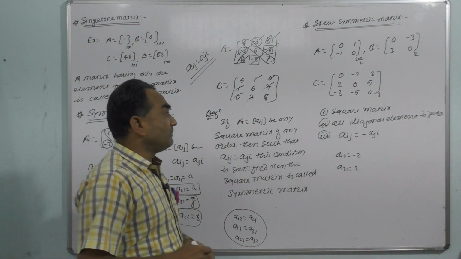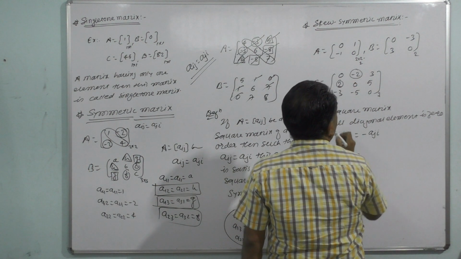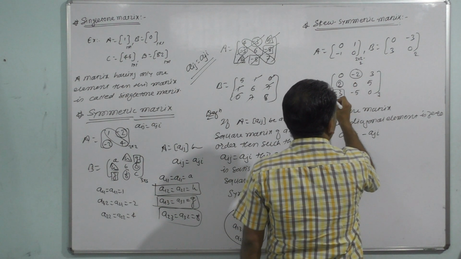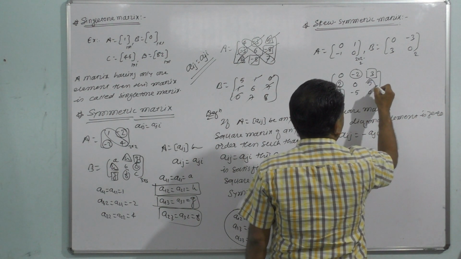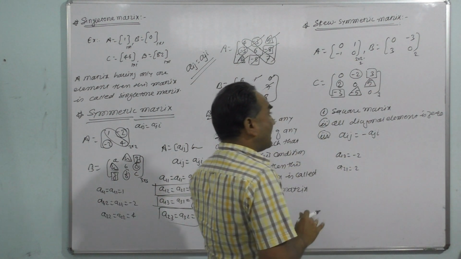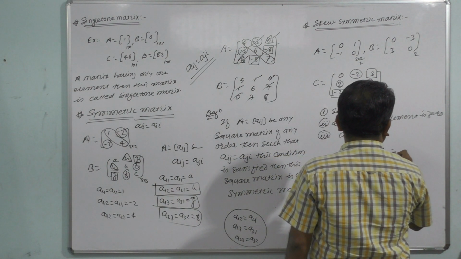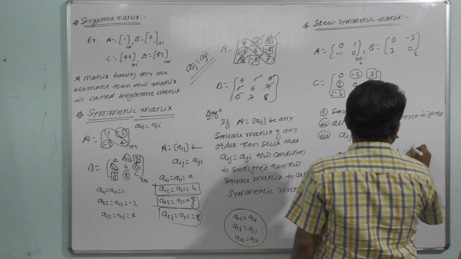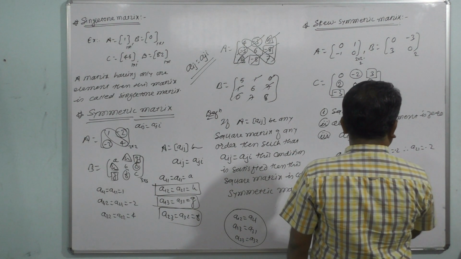Means what is meant by skew symmetric matrix? Take this element and this element, and all these three elements. A12 is equal to 2, and therefore A21 is equal to minus 2.